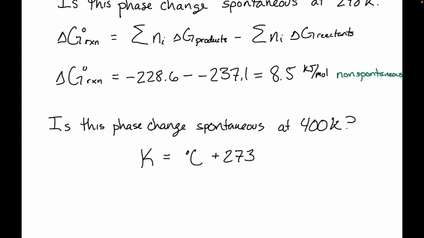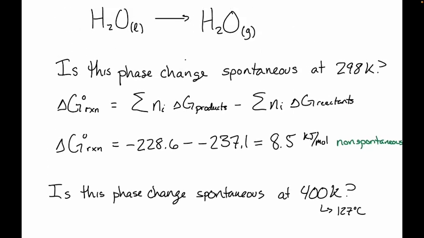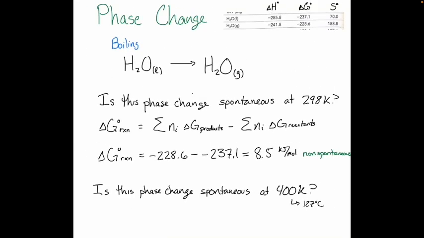So if I wanted to convert this from Kelvin to Celsius, because I think we have a little bit more intuitive sense about Celsius, that would be 127 degrees Celsius. So intuitively, do we expect that water should boil at 127 degrees Celsius? Cool. So we should get a spontaneous reaction here.